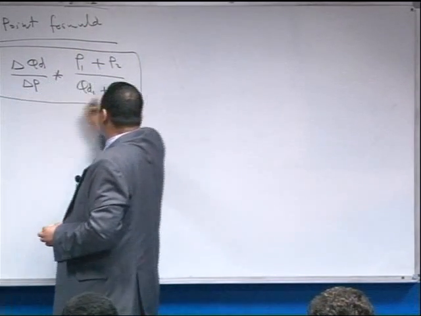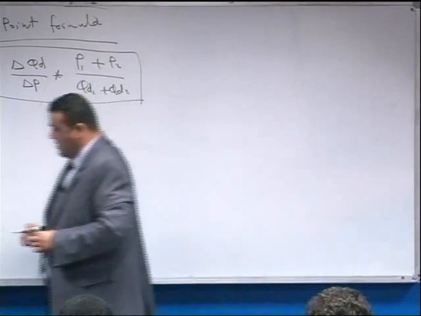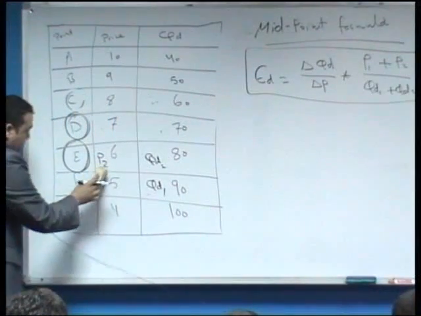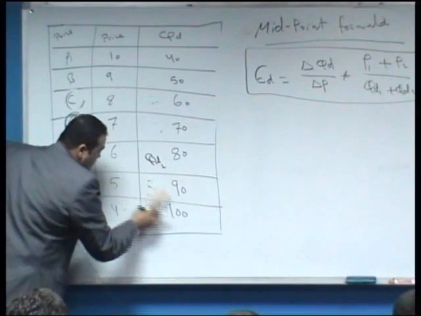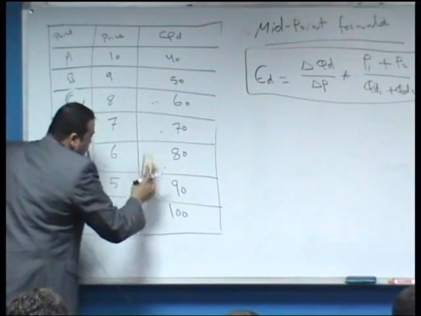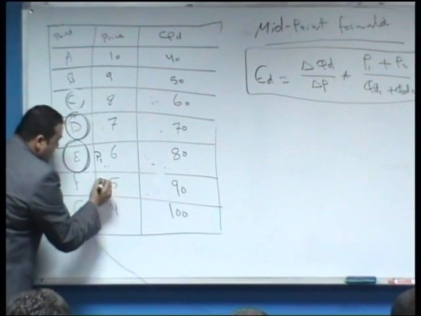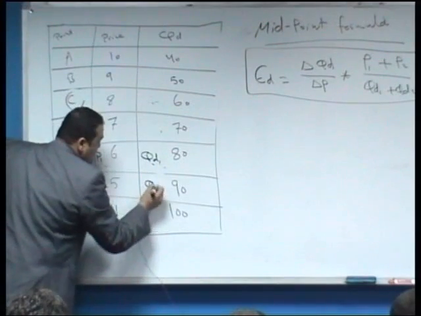So let's calculate the price elasticity of demand from point A to F. From A to F, this is P1, P2, QD1, QD2.